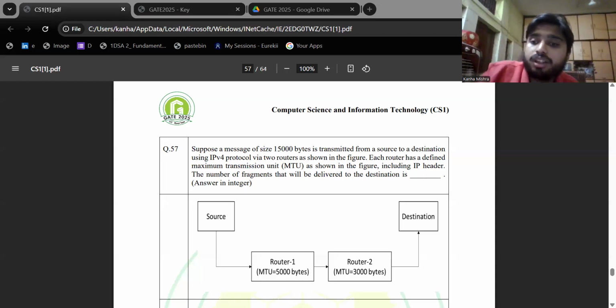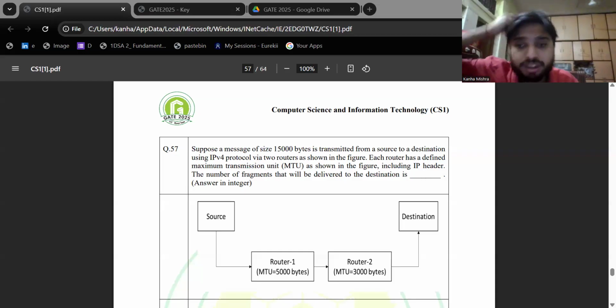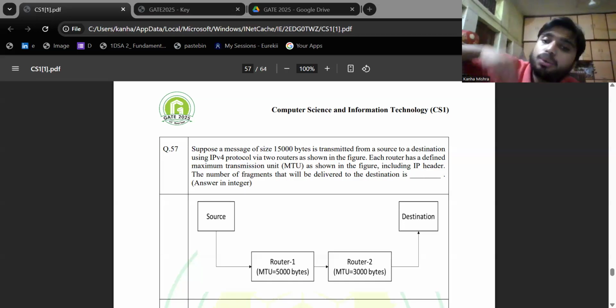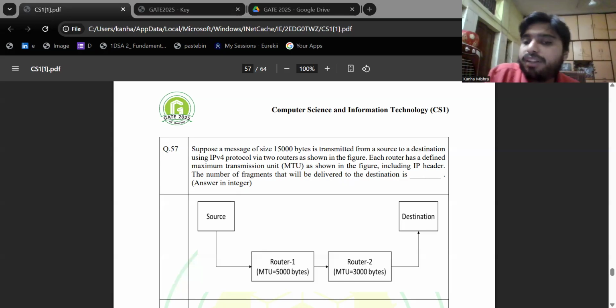What is fragmentation? It allows fragmentation of packets that are larger than the maximum transmission unit. A fragmented packet includes an IP header of 20 bytes typically and a fragment offset, which indicates where the fragment belongs in the original data. There are also more-fragment flags, which are set to one for all fragments except the last.